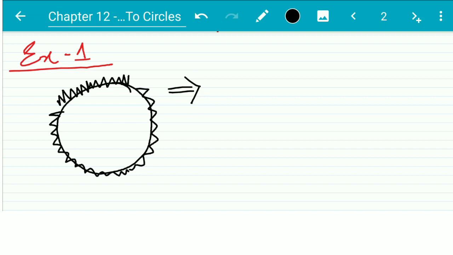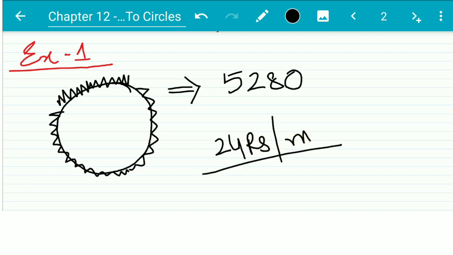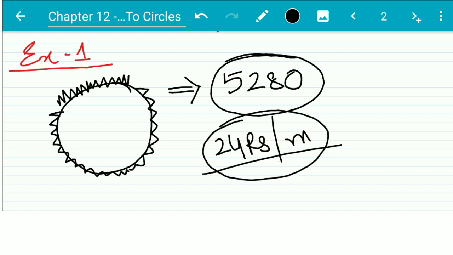In the question they have given cost of fencing. Total cost is 5280. And also they have told it's 24 rupees per meter. So when we divide 5280 by 24, we'll get the total length of the fence. Total cost is 5280, each meter costs 24 rupees. So 5280 divided by 24 gives the total length of this fence. Total length of the fence means circumference, because it is along the circumference of the circle.